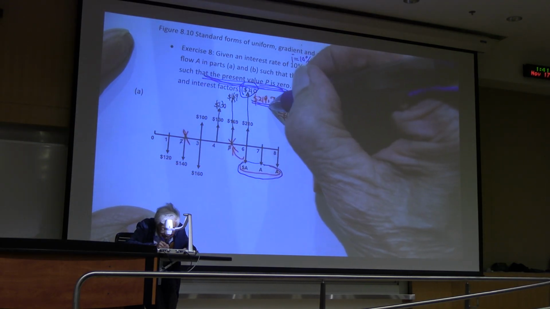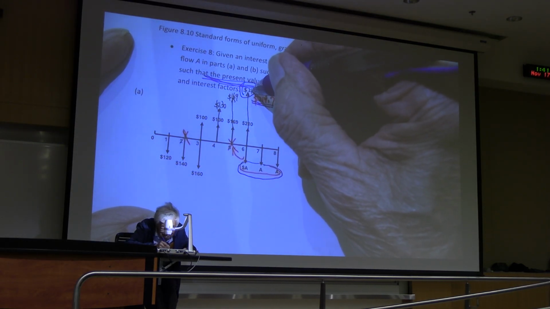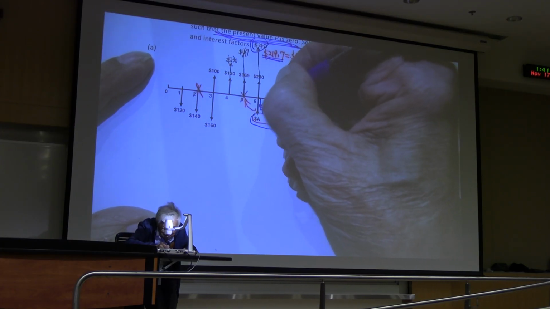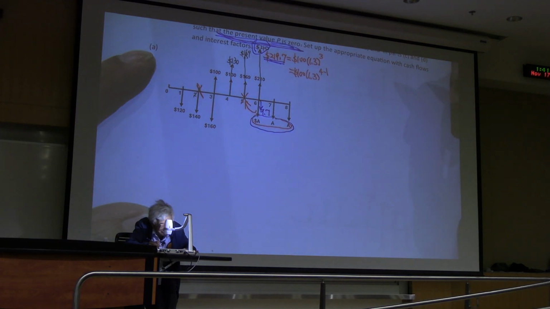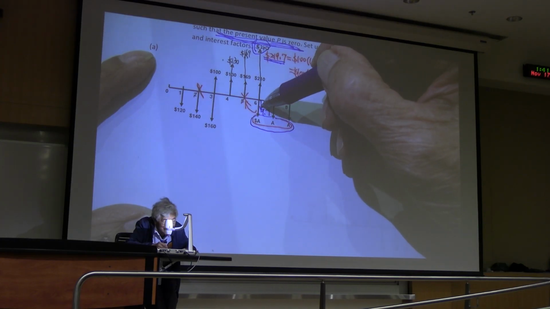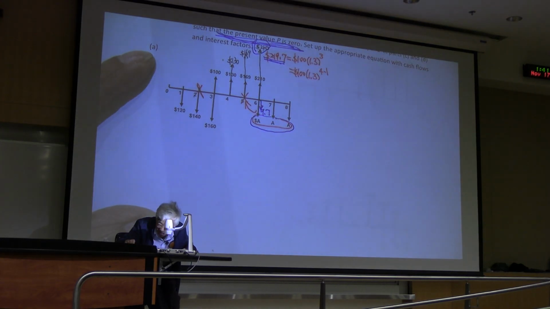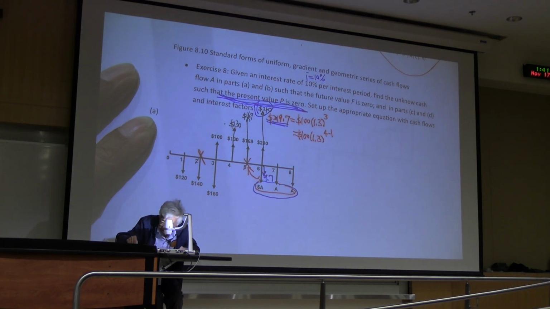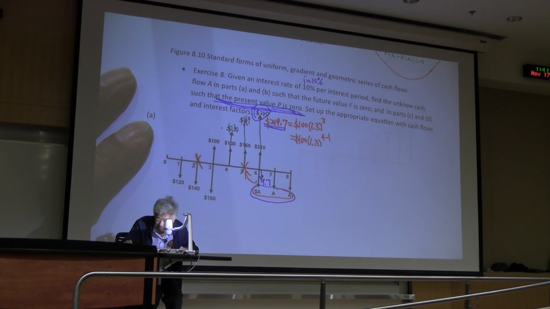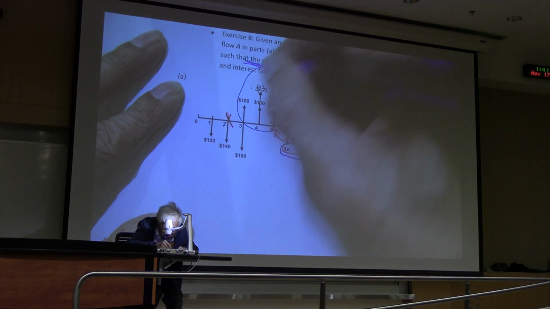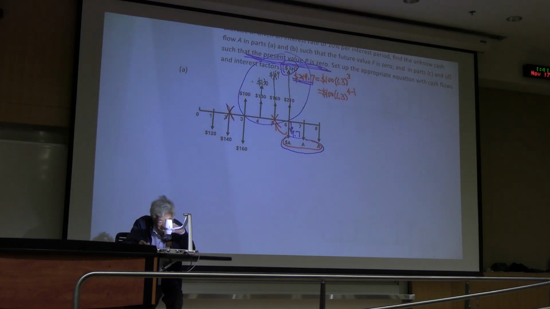If I put 219 there positive, I should have minus 9.7 down here. Okay? 219 positive, 9.7 negative. And then this is the geometric series with present time at interest period 2.